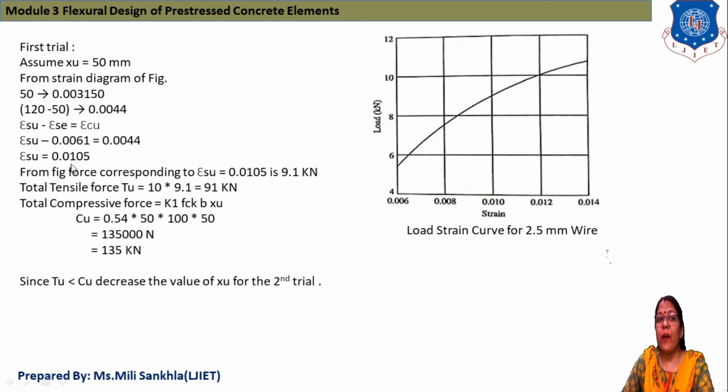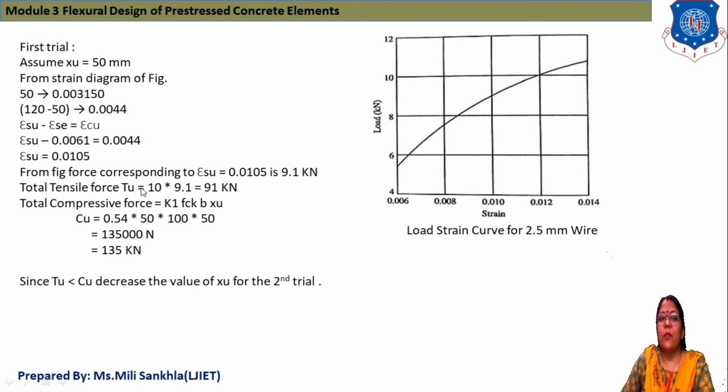Epsilon Su we find is 0.0105. From this figure, the force corresponding to epsilon Su is 9.1 kilonewton. Somewhere here 0.01, and according to this our value is 9.1 kilonewton. This is the approximate value from this graph.